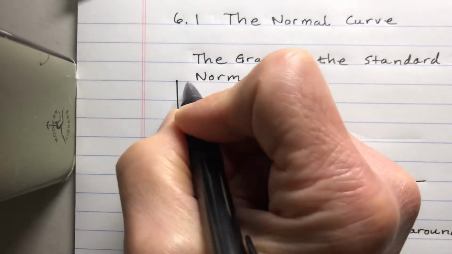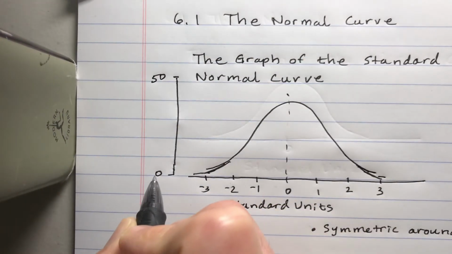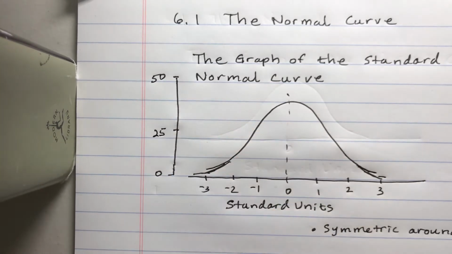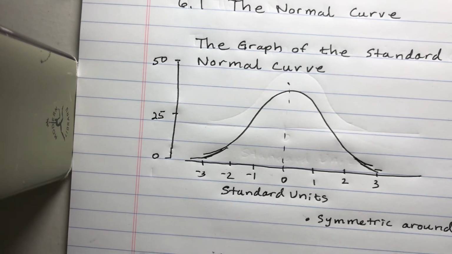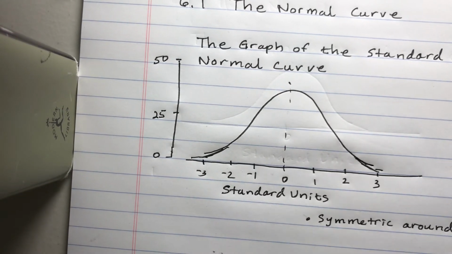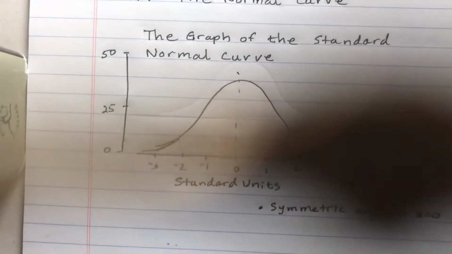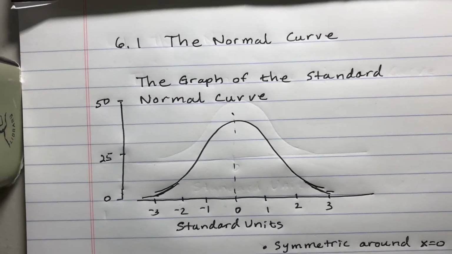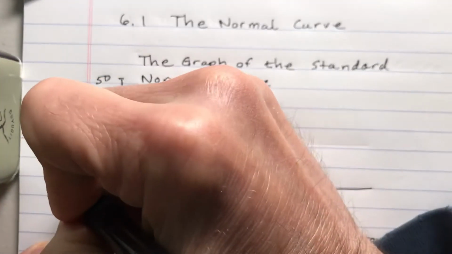And up here is around, say, 50%, and 25% will be around here. Now, this is a little bit hard to see, but this scale is percent per standard unit.